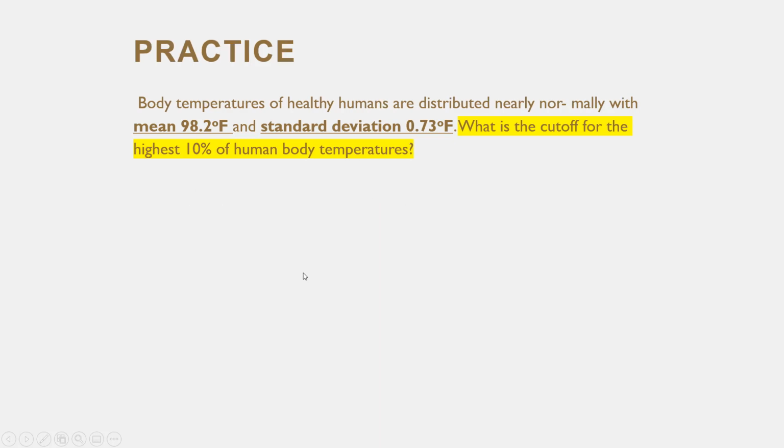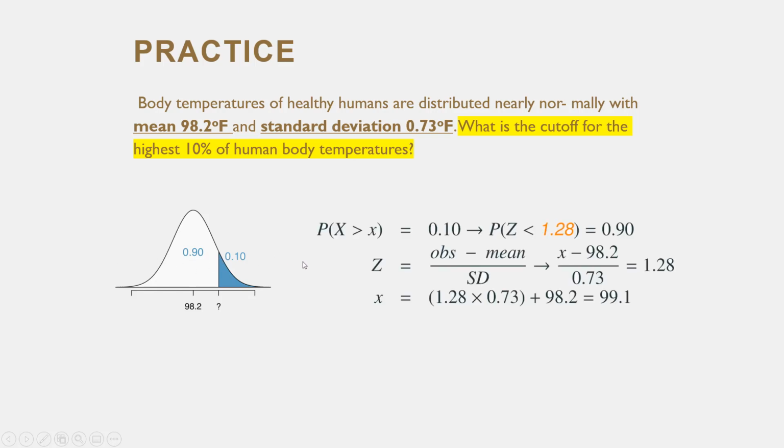So now we want to check the cutoff for the highest 10% of the human body temperatures. So now we go to the other end. This tail corresponds to 0.10, therefore the lower part of it corresponds to 0.90. So we can do the same now, but we start with 0.90, because remember that we always look at percentiles to the left.